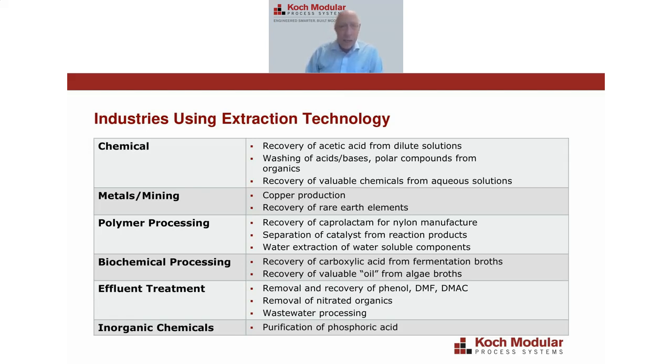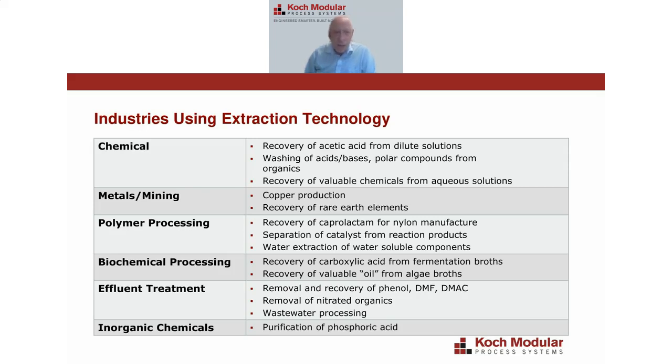Washing of acids and bases or polar compounds from organics, like I mentioned before. And sometimes it's simply recovering a valuable chemical from an aqueous stream. A lot of solvent extraction is used in metals and mining. I mentioned a couple there, copper and rare earths, but there's a whole slew of others: cobalt, zinc, and uranium.